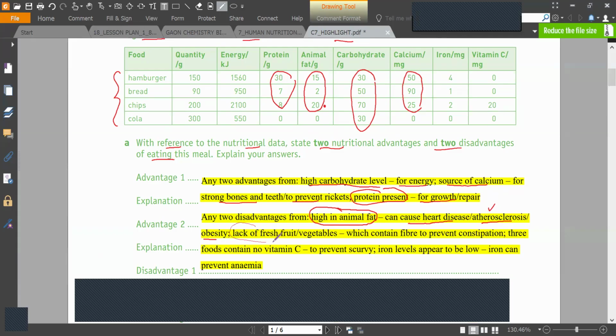Lack of fresh fruit and vegetables. We can see there's basically no vegetables and fruits. Fresh fruit and vegetables will give us fiber to prevent constipation.